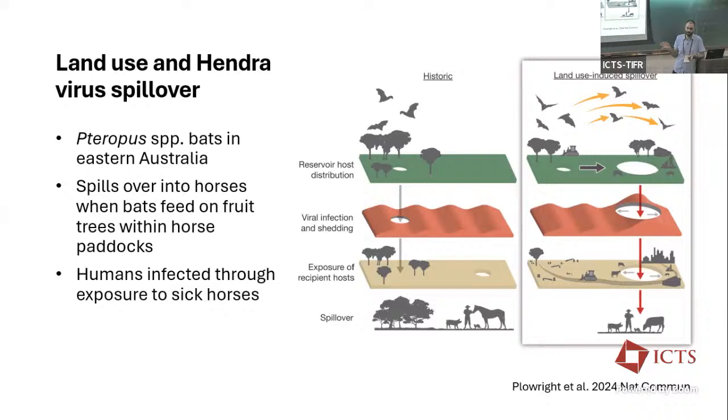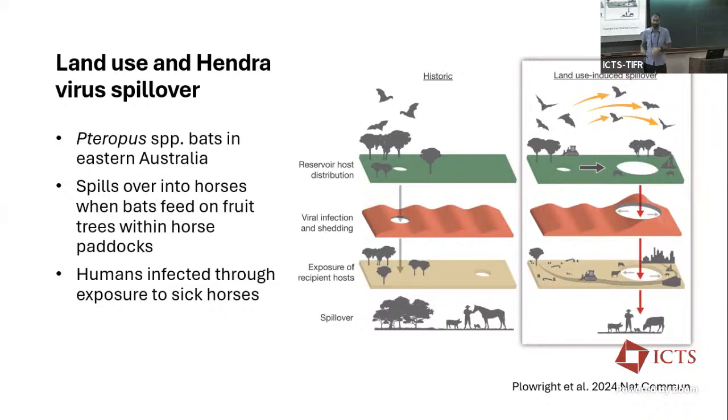So in Eastern Australia, there's been land use change that has converted native forests and savanna habitats into agricultural land, and they've placed horses onto those landscapes. And so you have this overlap of the reservoir host and the intermediate host.